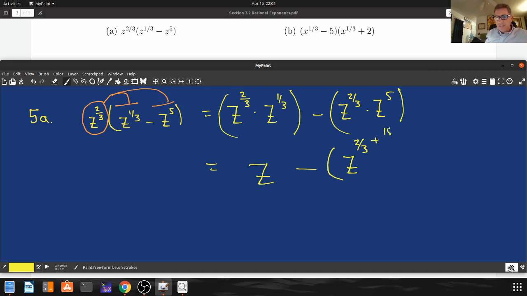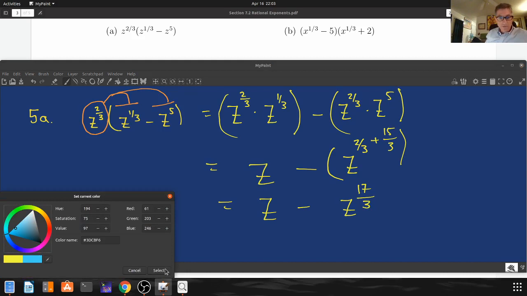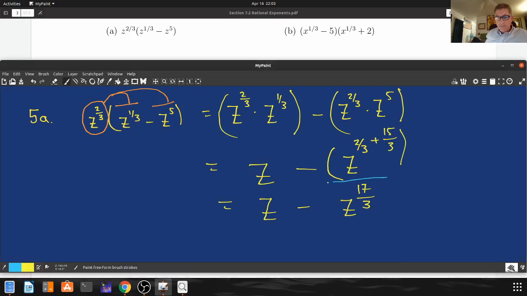That's 15/3. 15 divided by 3 is 5. So again, simplifying one more step, that's z minus z raised to 2 plus 15 is 17/3. And that's it. That is our final answer. That's the simplification they want to see.